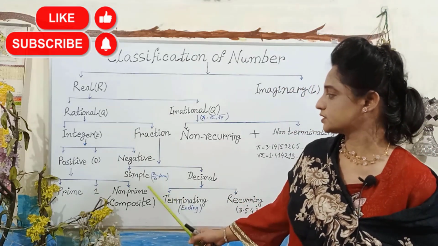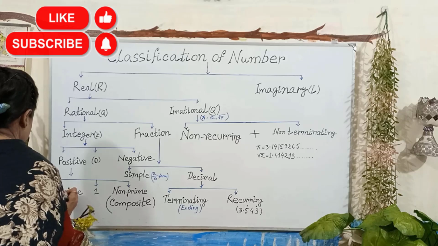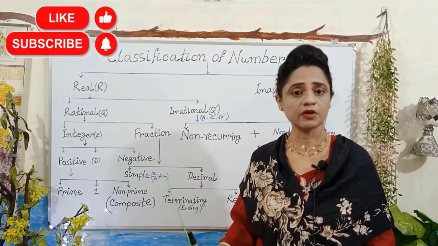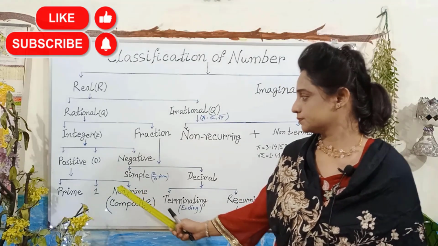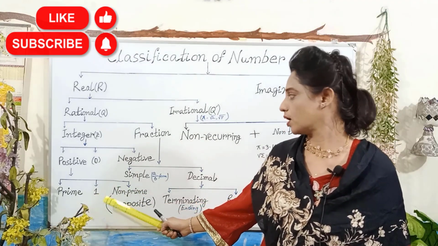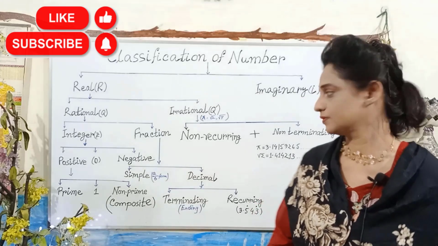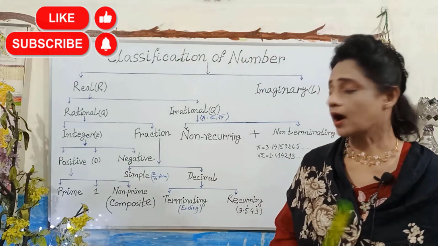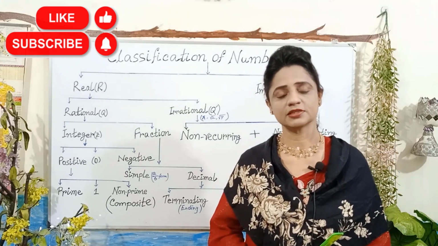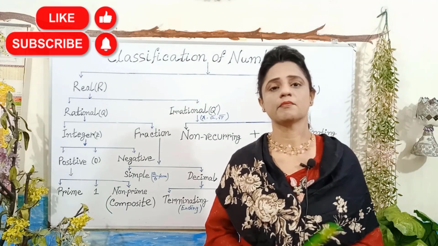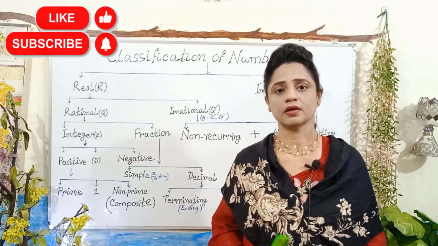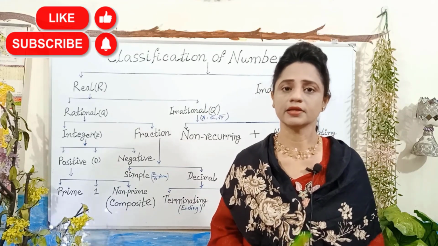Now, what is positive number? Positive numbers are of three types, that is prime number, 1, and non-prime number, or you can say composite number. Prime number. What is prime number? It's very important for us to know. Prime numbers are the numbers which have no factors except 1 and the number itself.